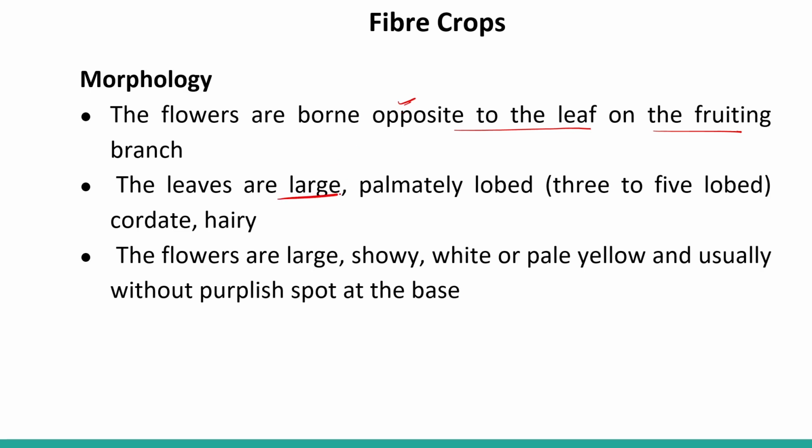The leaves are large, palmately lobed, that is they have 3 to 5 lobes, and they are quite hairy. Okay, small hairs are present on the surface of the leaves. The flowers are quite large, showy, white or pale yellow, and usually without a purplish spot at the base.